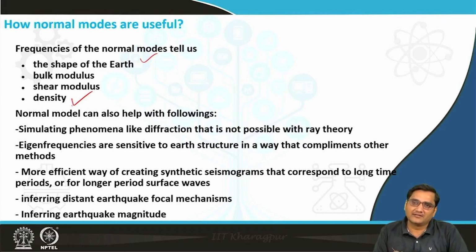Normal mode summation is considered a very efficient way of creating synthetic seismograms for long period surface waves. It can be used to infer distant earthquake focal mechanisms, and also earthquake magnitudes.